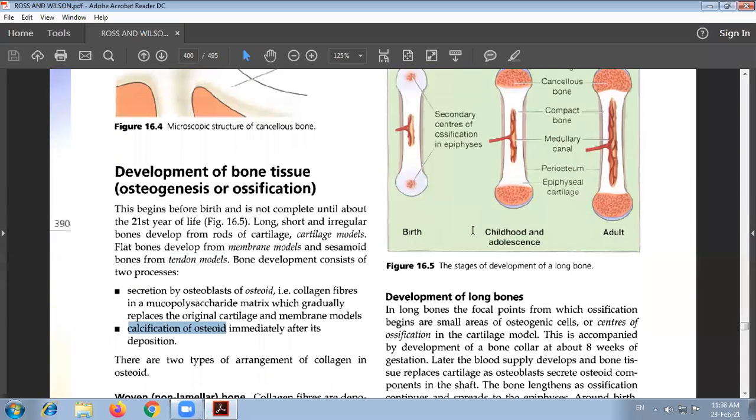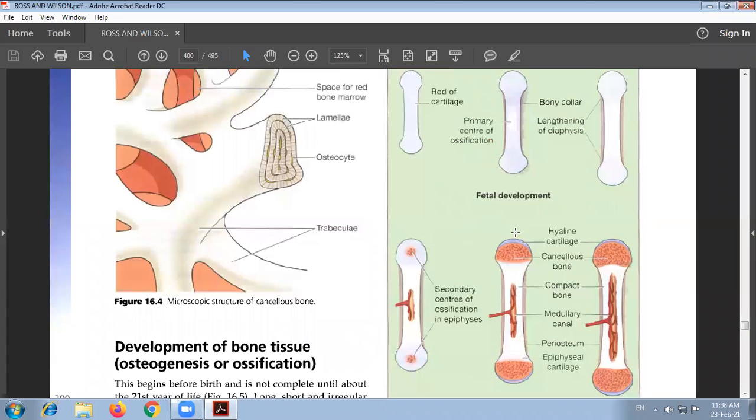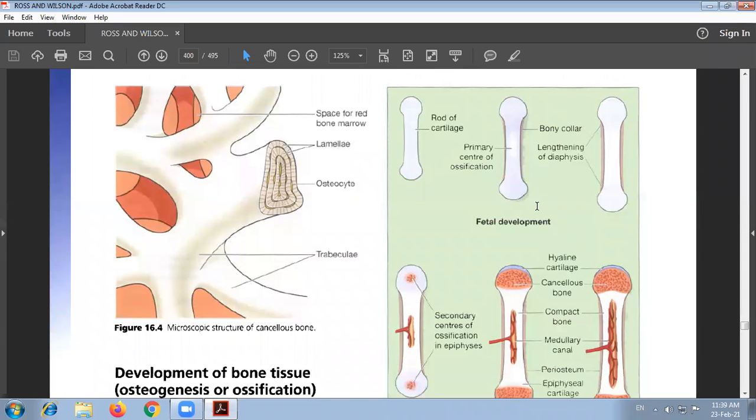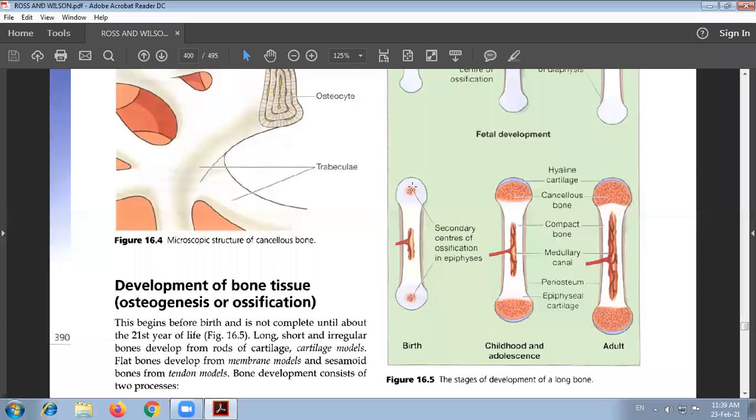So you can see here in the fetal development the bone has this type of shape, with the primary center of ossification here. It starts ossification from the mid to the end. After birth, these sections start developing secondary centers of ossification at the epiphysis.